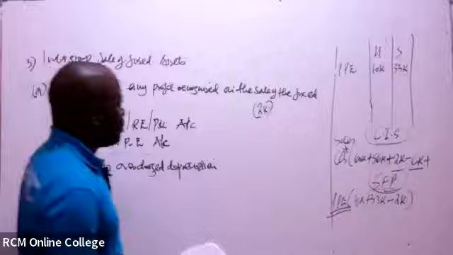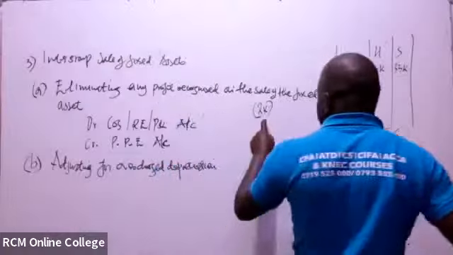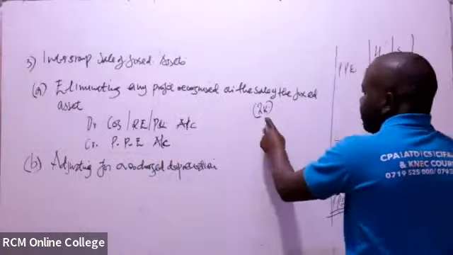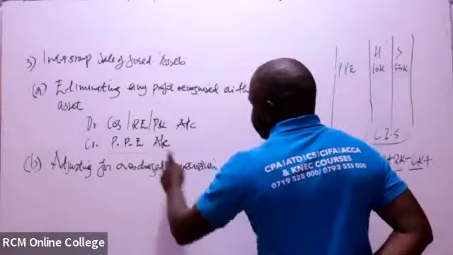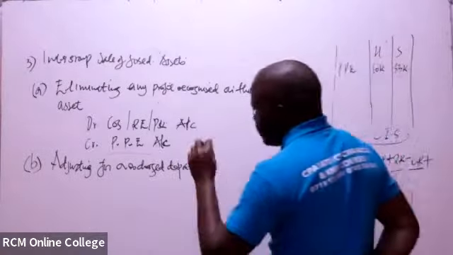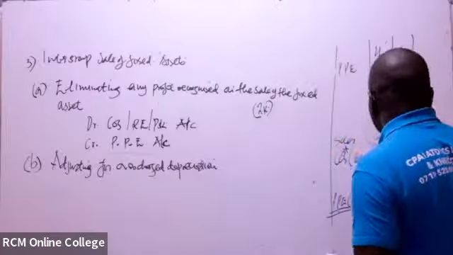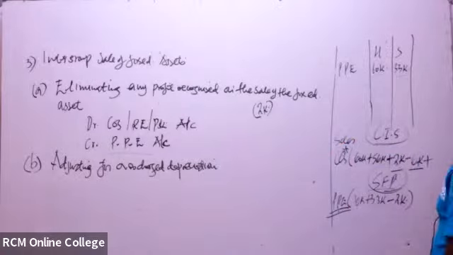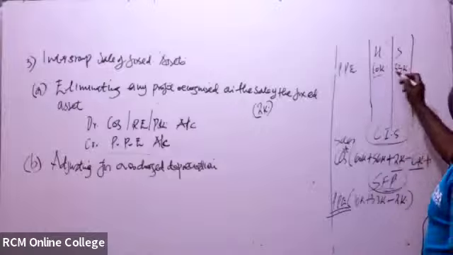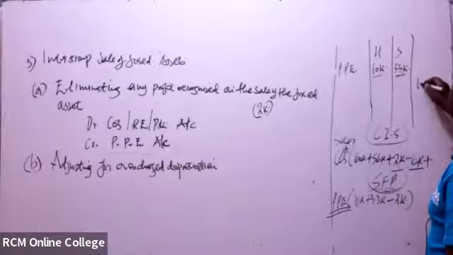Adjusting for overcharged depreciation. So remember, if you are eliminating this amount from the property, plant and equipment, it means if we calculated the depreciation for the year on the initial figure, let's say for example in this case the initial figure was actually this one. It was actually 10 plus 33, which was coming to 43.